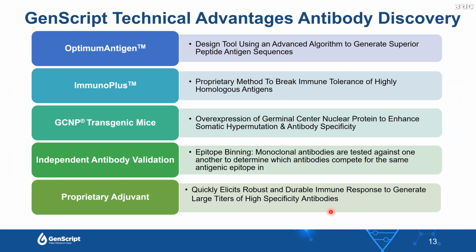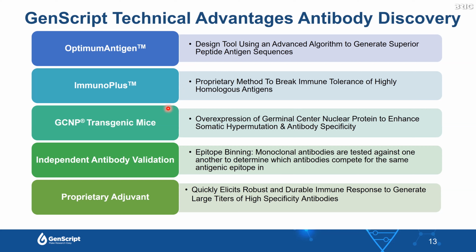We have developed our in-house antibody discovery techniques to improve the antibody generation process. We have designed tools using an advanced algorithm to generate superior peptide antigen sequences. We also invented a proprietary method, ImmunoPlus, to break the immune tolerance of highly homologous antigens.